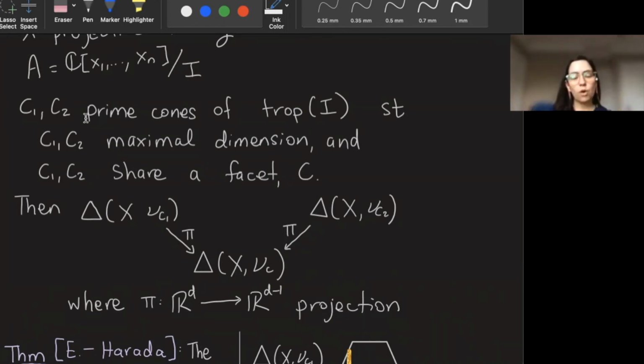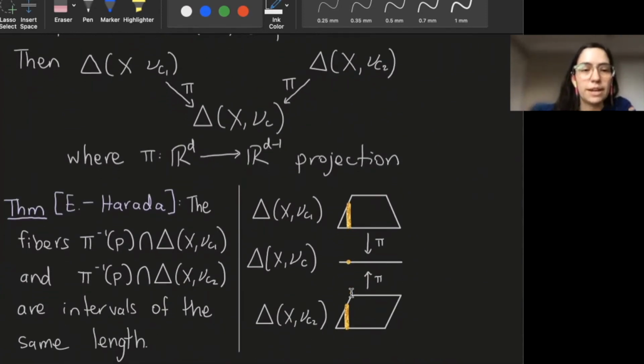So for each of these prime cones, I need to consider matrices, but I can make choices for the matrices that are compatible with each other, mainly via the C. And if you make those choices correctly, then it's not too hard to see that the Newton-Okounkov bodies both project to the same Newton-Okounkov body, the Newton-Okounkov body for the valuation associated to this C. And this is just a very natural projection.